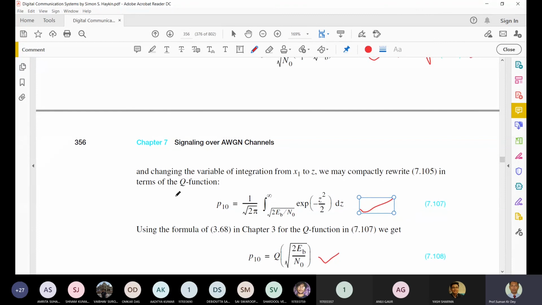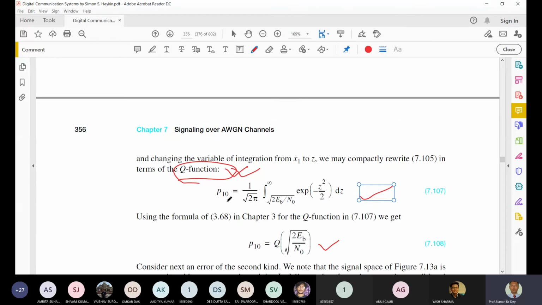That is the definition of the Q function. We did not discuss this Q function before, and I don't know whether you studied it or not, so just remember this is the expression for the Q function.